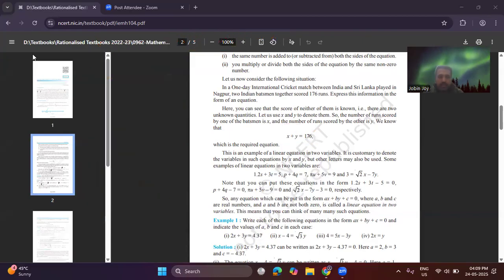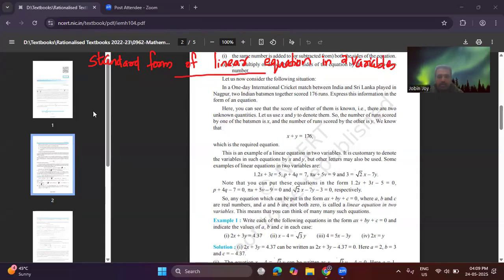So there is a standard equation, or there is a standard form of linear equation. What is the standard form of linear equation in two variables? So the standard equation is very important.